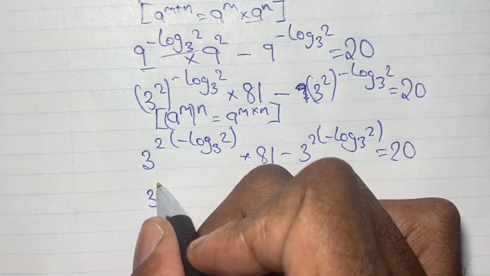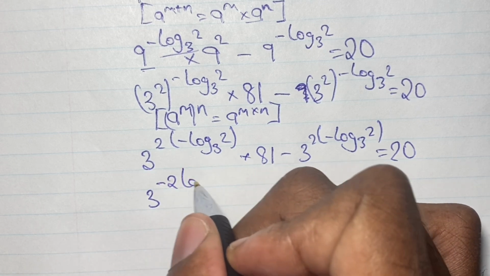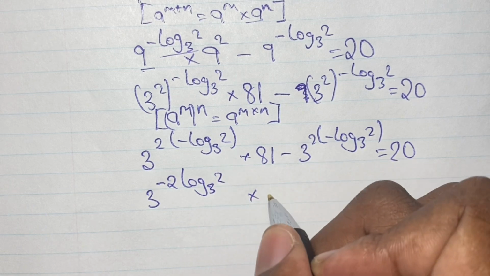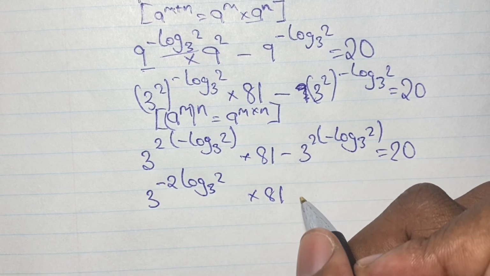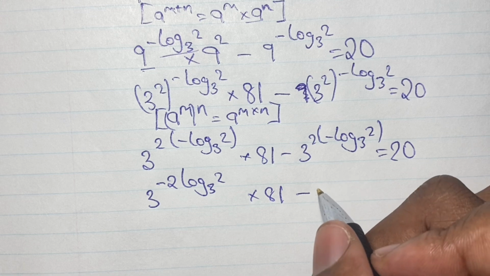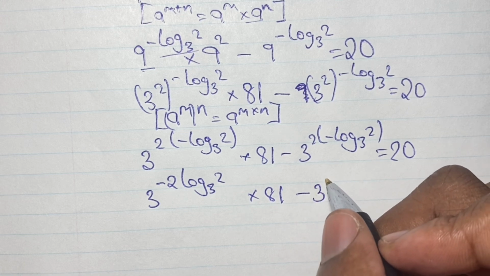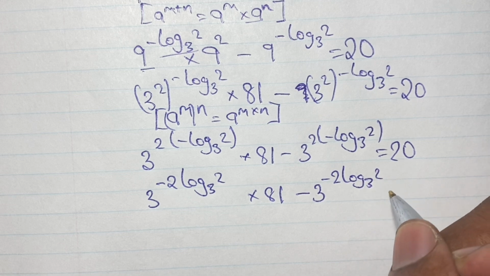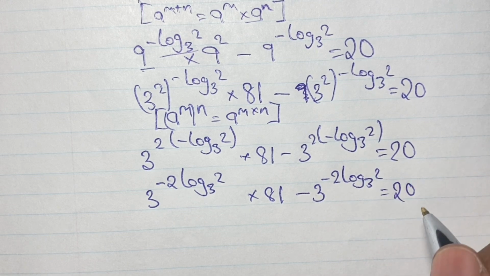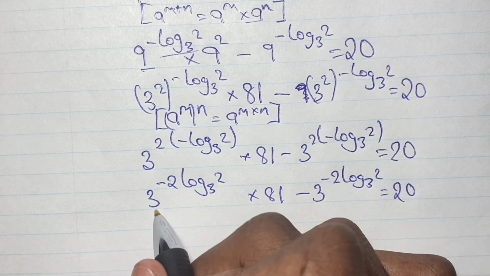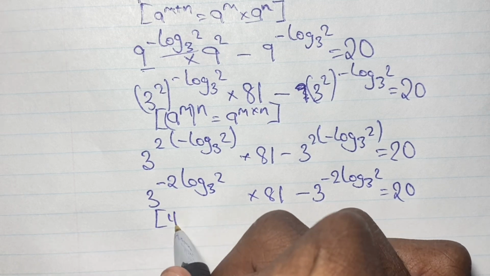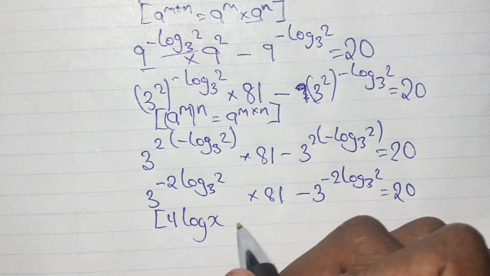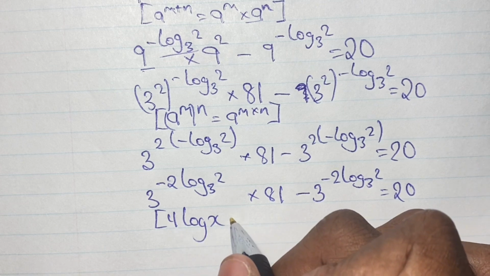So we'd have 3 to the power of negative 2 log base 3 of 2 times what we have here, which is 81. We have that minus 3 to the power of negative 2 log base 3 of 2. And we said that this all equals 20. Now we'll be applying our logarithm rule once more, where we said before we have y to the power of log x is the same as log x to the power of y.